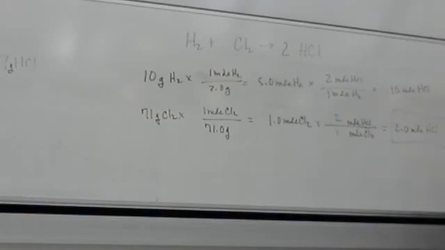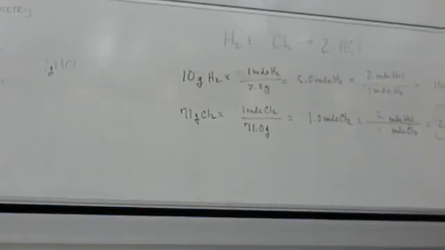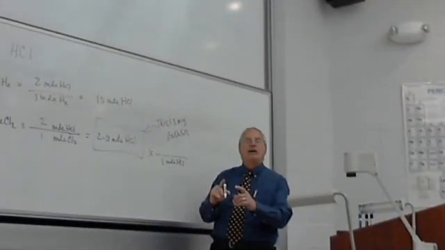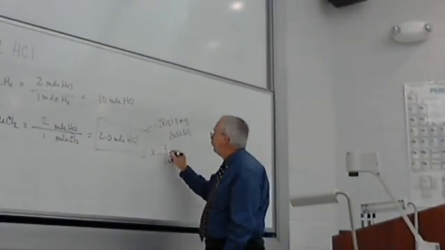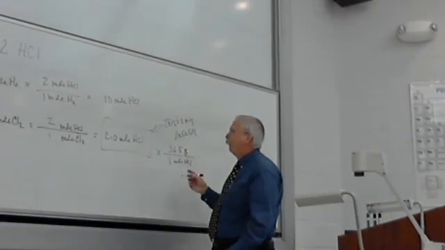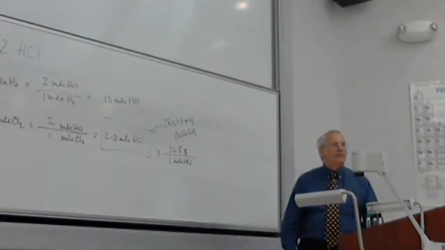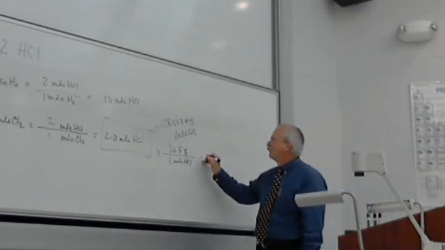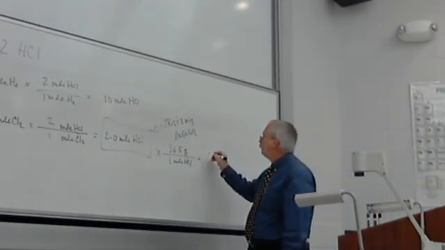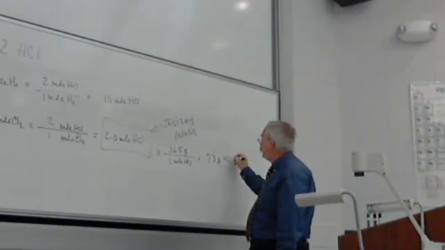How would I do that? 1 mole of HCl is 36.5 grams. So we get about 73 grams of HCl.